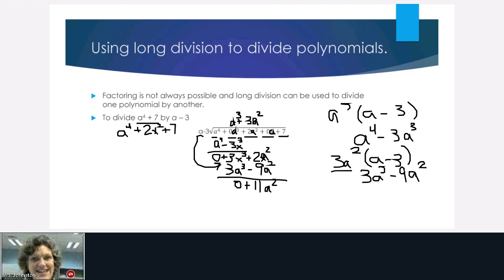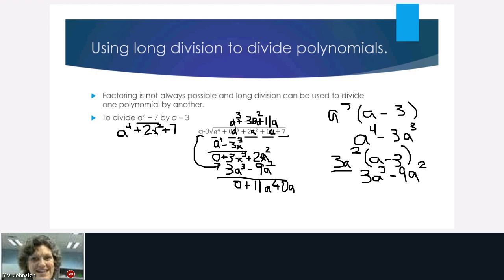Okay, now I'm going to do it again. A goes into 11a squared 11 times, and I need another factor of a. It's going to be positive again. And then I forgot to bring down my 0a, but it's going to be sitting right here, and it doesn't have any value, but if I have to subtract from it, I need it to be there.